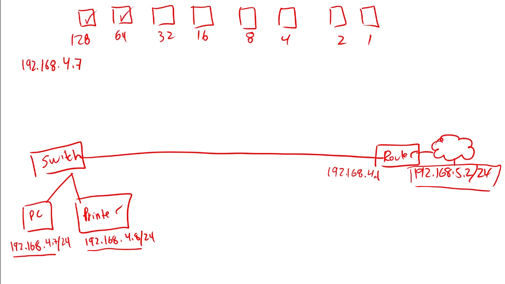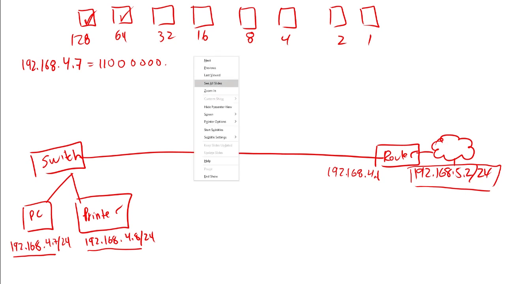Think about it. So if I go 128 plus 64, that's 192. So for my first octet, I'm going to go 11000000, and then 168.